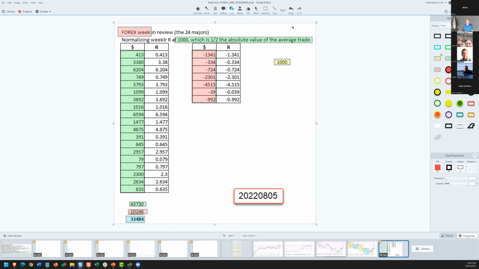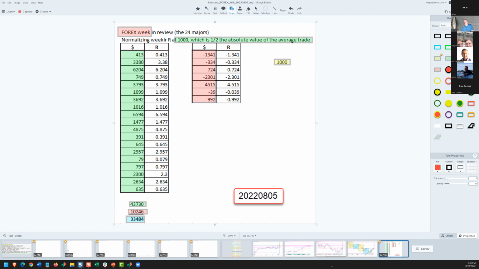It is a production system, and it trades the 24 major pairs every week, all week, and is flat over the weekend. So this is from his most recent weekly review from Friday. He goes through all the charts, and these were the summaries of performance. So these are the sum of the trades for each of the majors. So the net of the trades, I should say.